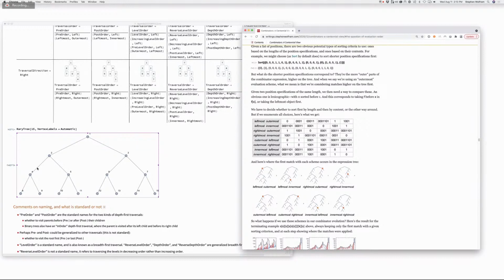Okay, but wait a minute. What is the additional ordering for a binary tree that is not covered by this? The additional ordering would be the one that goes like 8, 4, 9, and then 2, and then 10, 5, 11, and then 1.